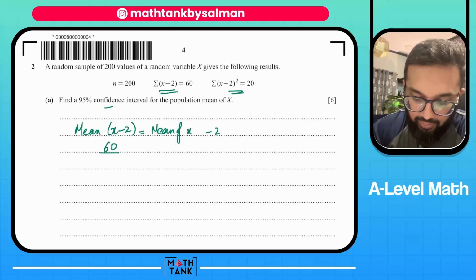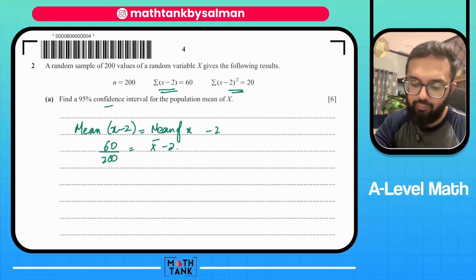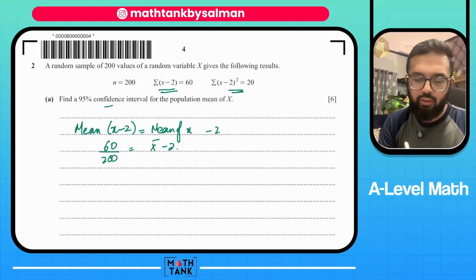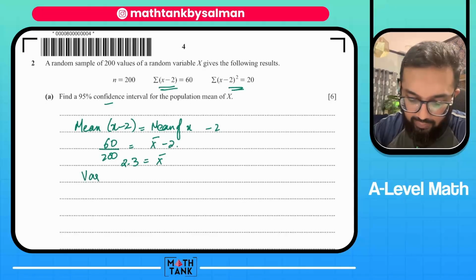So 60 over 200 is the mean of x minus 2. I want to find the mean of x, so 60 over 200 plus 2, that's 2.3. The variance of x minus 2 is the same as the variance of x.